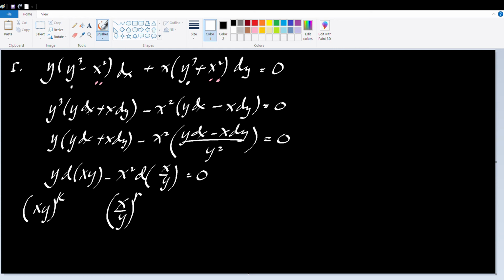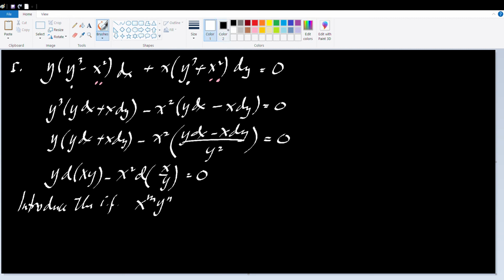Alright? So it is at this point wherein we're going to introduce an integrating factor. Let me write this: introduce the integrating factor x to the m, y to the n.